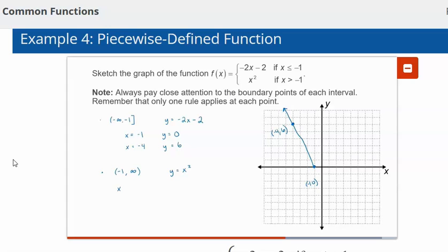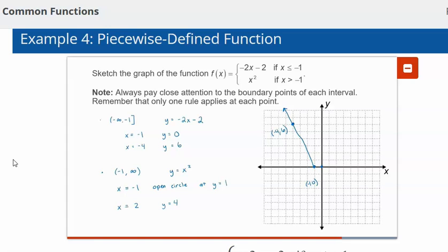Note that we still need to figure out what's happening at x equals -1, but now because of the strict inequality, we have an open circle at y equals 1. Another point we have, if x equals 2, then y equals 4. And this graph also goes through the origin, so we have a point at 0, 0 as well.